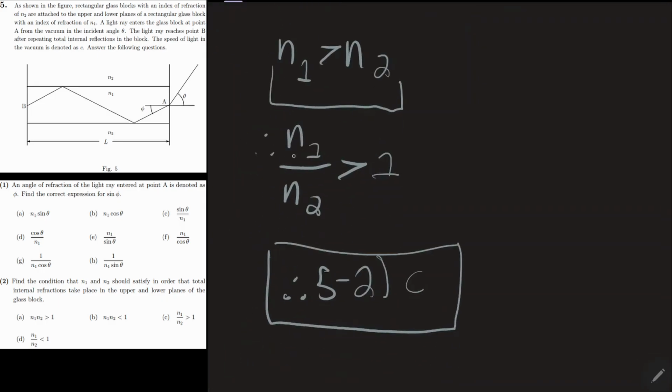So if you look at the diagram, you can clearly see that our light beam is traveling through n sub 1 and is bouncing off of n sub 2, which means that we need n sub 1 to be greater than n sub 2. If we divide both sides by n sub 2, we get that n sub 1 over n sub 2 must be greater than 1, and so the correct answer for this question is C.